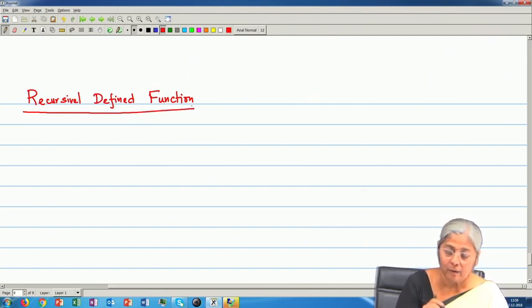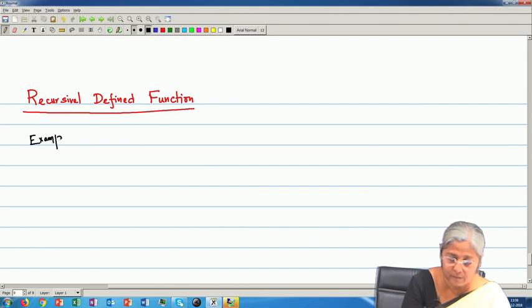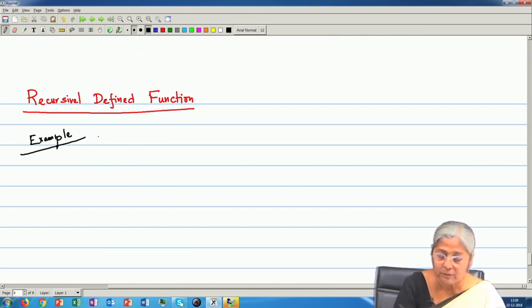We take one example to illustrate this. Now, we take the example of Ackermann's function.